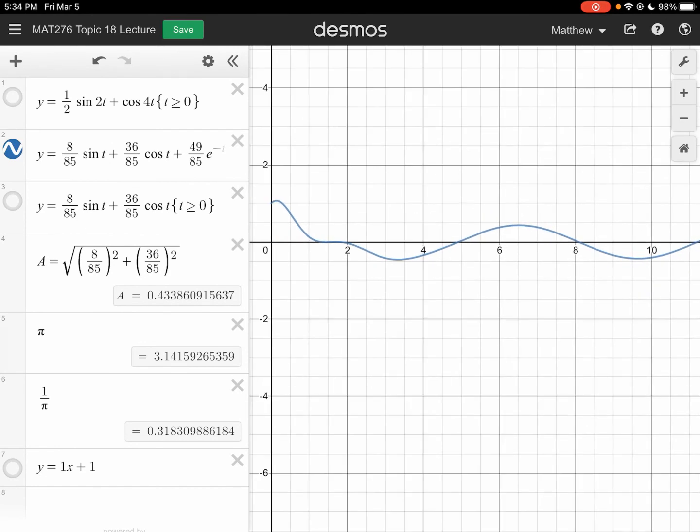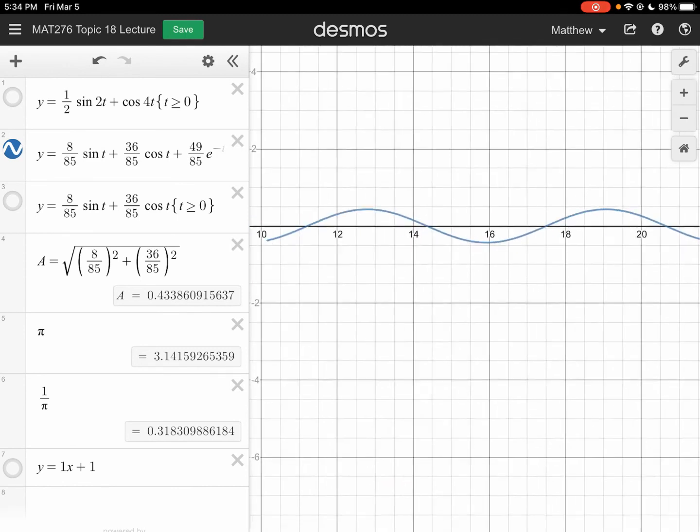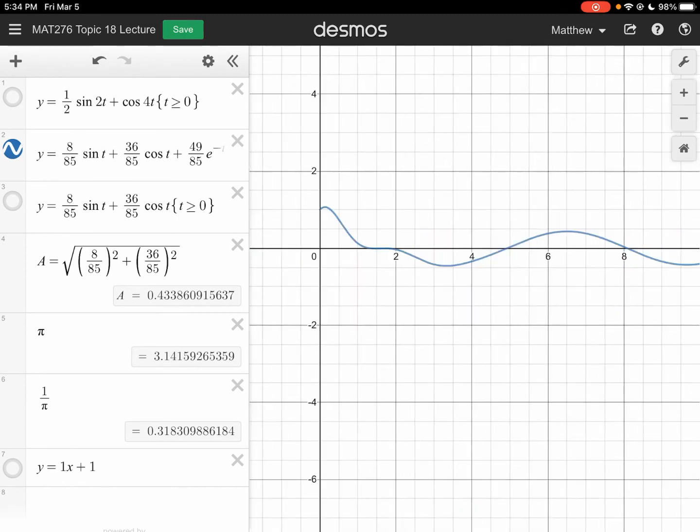Notice at first that there appears to be some irregularity, but then it seems to settle into a regular pattern. Now, why is this happening? Well, the initial perturbance, which is lifting the mass up to 1 meter above and also giving it an initial velocity of 1 meter per second upwards, causes a disturbance to the system, but also there's a regular external force trying to act on the system.